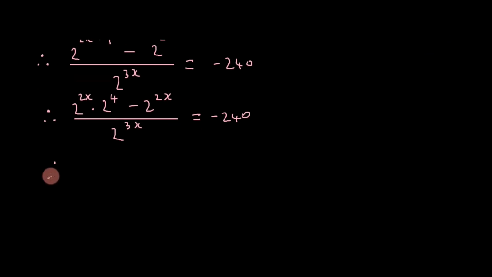Then taking out a common factor in the numerator of 2 to the 2x, we're left with 2 to the 4 minus 1 in the numerator.